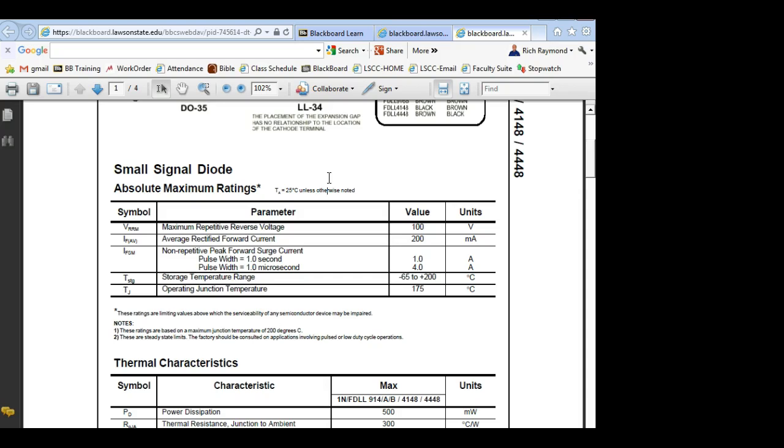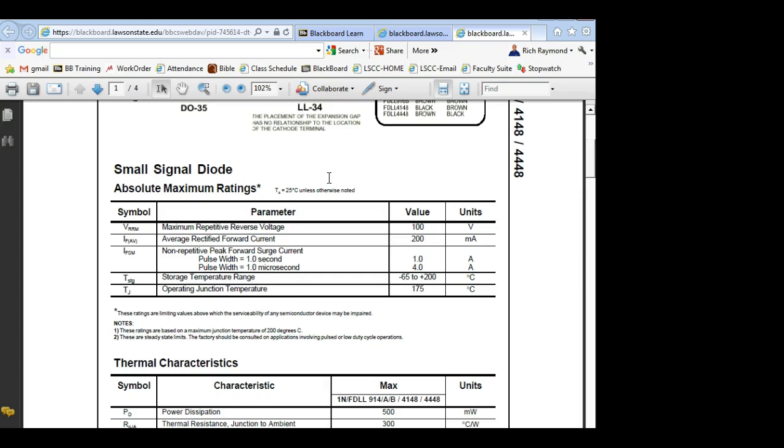Then we've got our forward current. What's the value of our maximum current on this thing? Yeah, 200 milliamps. As long as we don't make it conduct over 200 milliamps, we should be okay. Then a peak repetitive forward surge current. This one here is non-repetitive, so that usually means one cycle.